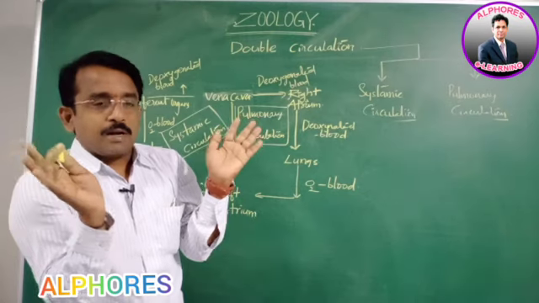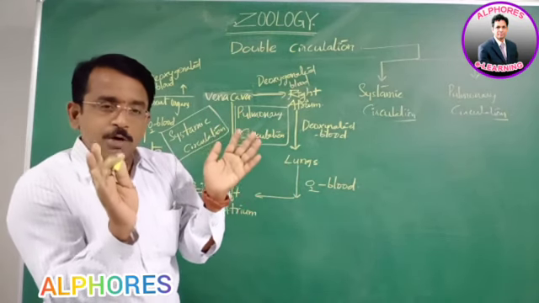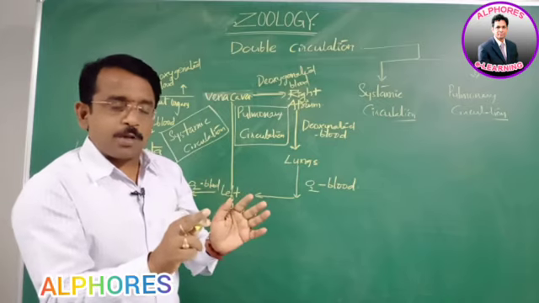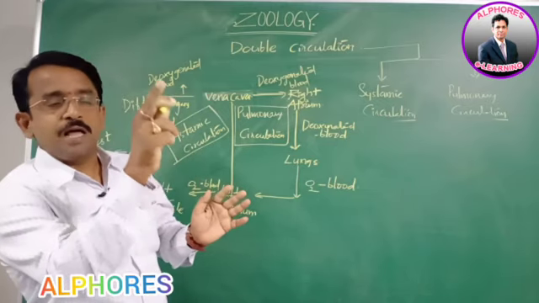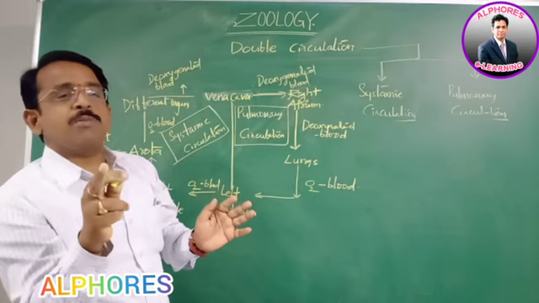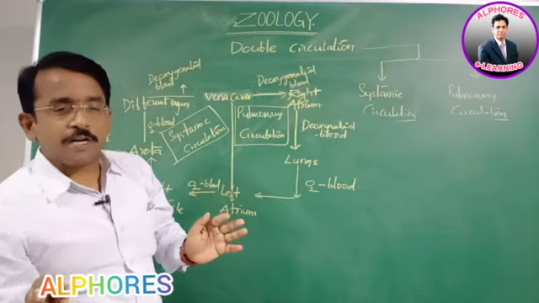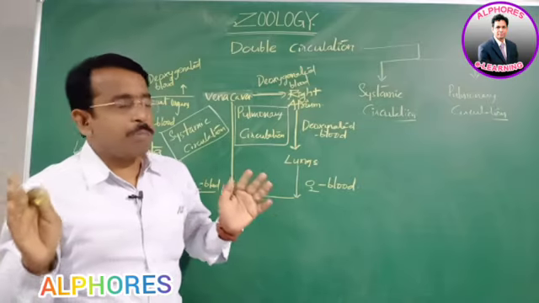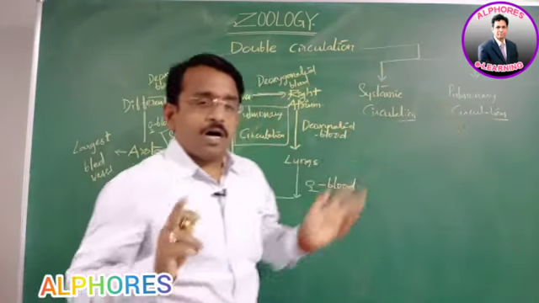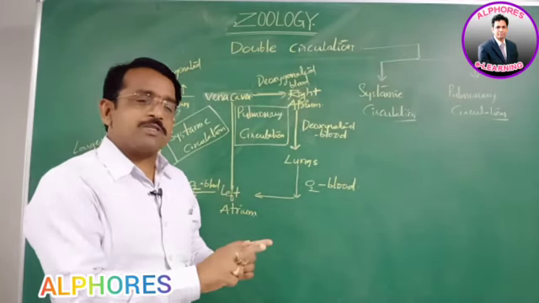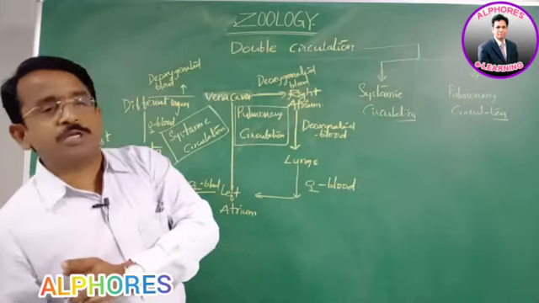From the lungs, the oxygenated blood returns via the pulmonary veins into the left atrium. Heart to lungs and lungs to the heart is the pulmonary circulation.